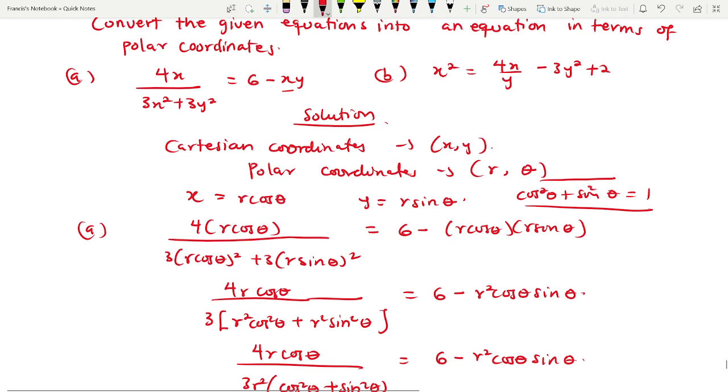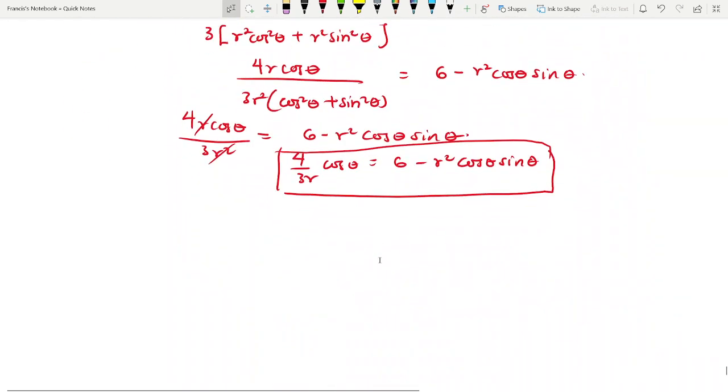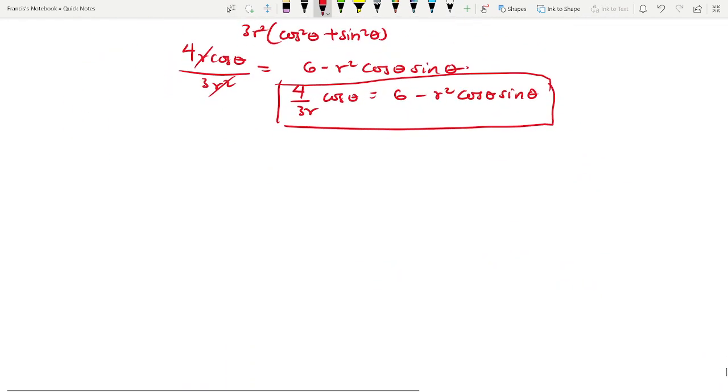So this is the second part. Let me write the b here. The b part is x squared is equal to 4x over y minus 3y squared plus 2.